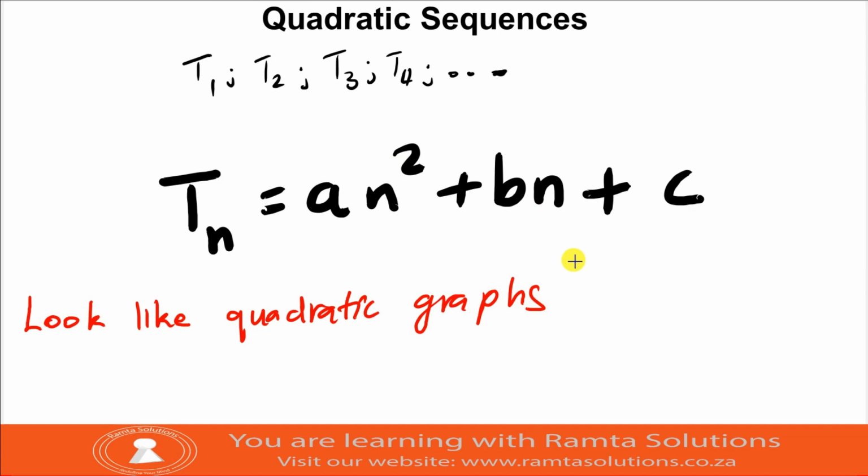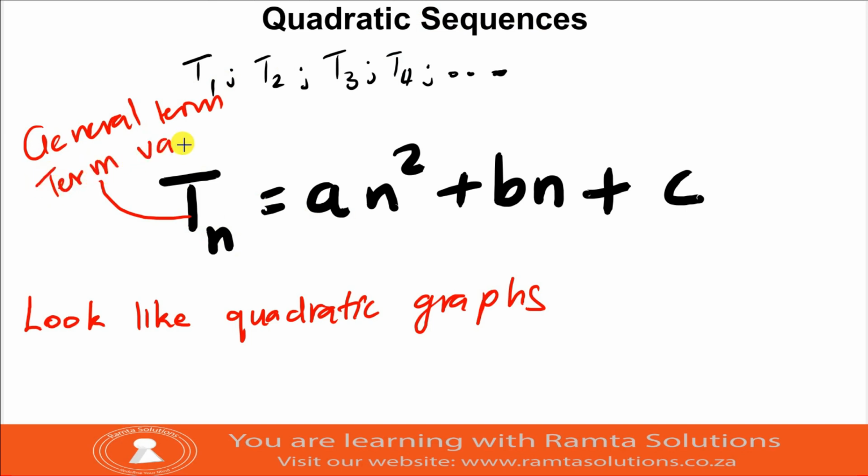Of course, I believe before you watch this video, you have watched the video on linear or rather arithmetic sequences, where we defined this as your general term, or a term value, where n is a term number.